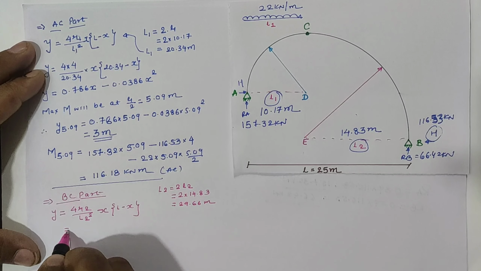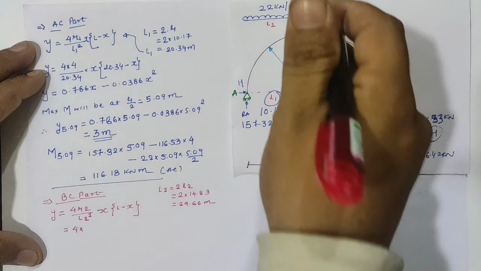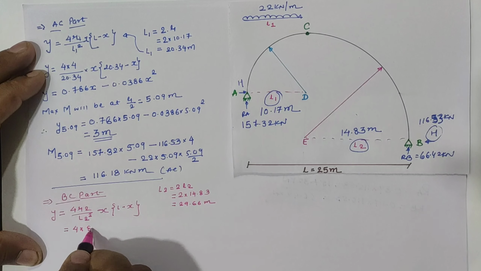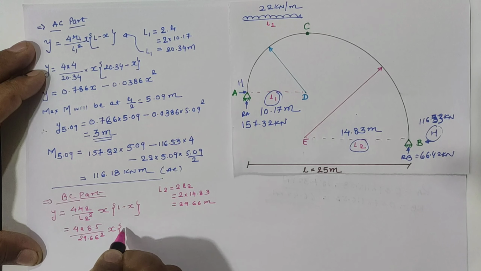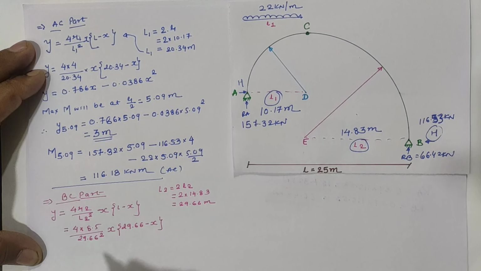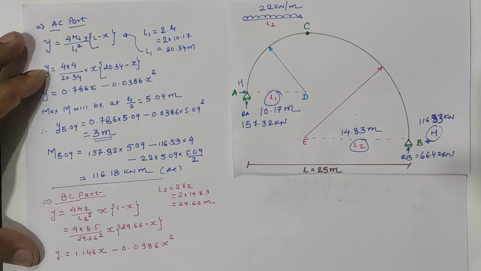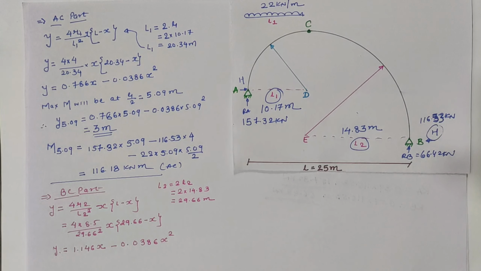So our equation is 4 times r2 as 8.5 divided by 29.66 square into x into 29.66 minus x, which is equal to 1.146 into x minus 0.0386 into x square as y for the B to C part.